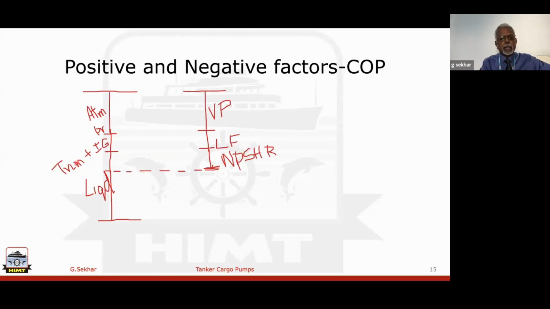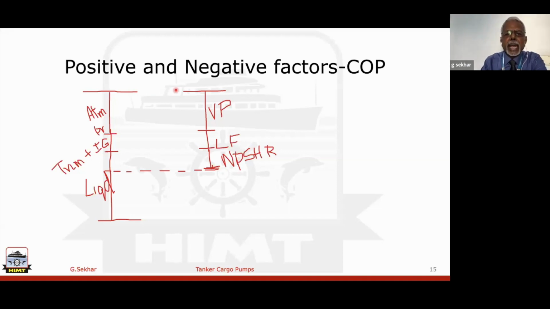Atmospheric pressure of 10 meters liquid column, plus the IG pressure, plus the trim, help the pump to take suction. These are the factors on this line and this line. This one is the liquid, that means the cargo to be pumped out. These are the positive factors.